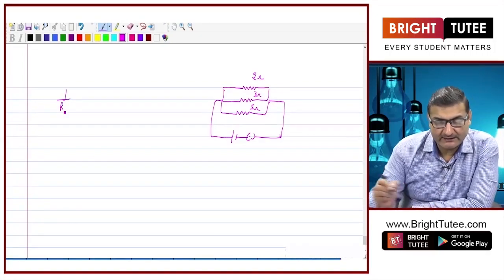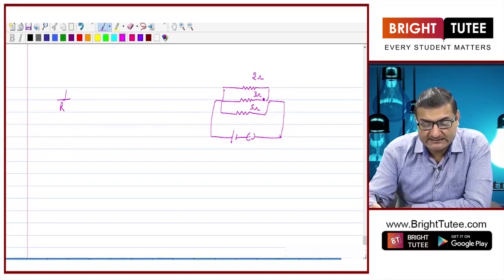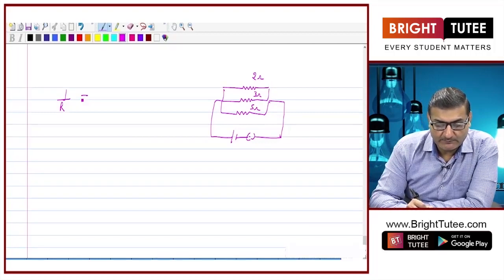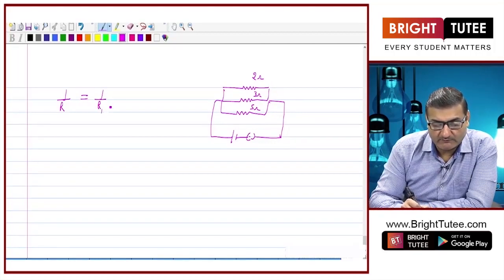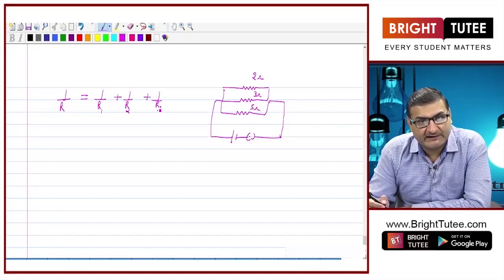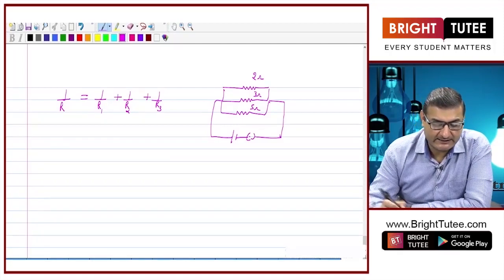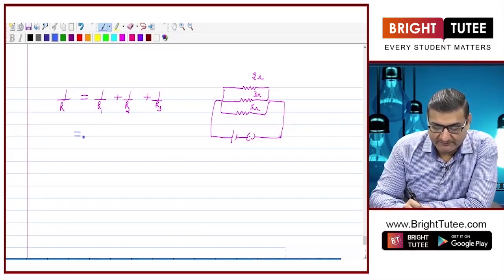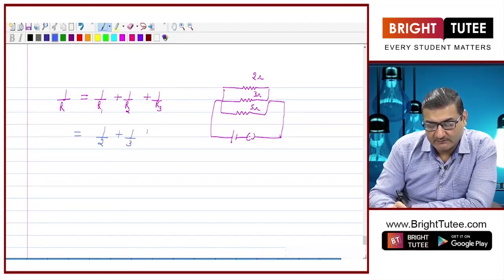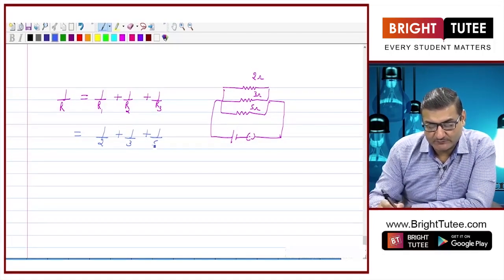I will be calculating in the parallel combination, because I can see they are connected in parallel. 1 upon R is equal to 1 upon R1 plus 1 upon R2 plus 1 upon R3. Putting the values, 1 upon R1 is 1 upon 2 ohms, 1 upon R2 is 1 upon 3 ohms, 1 upon R3 is 1 upon 5 ohms.